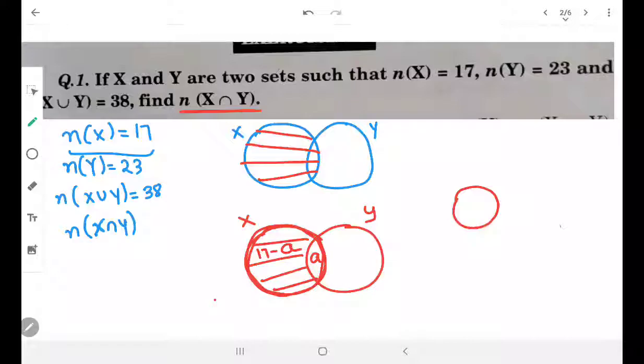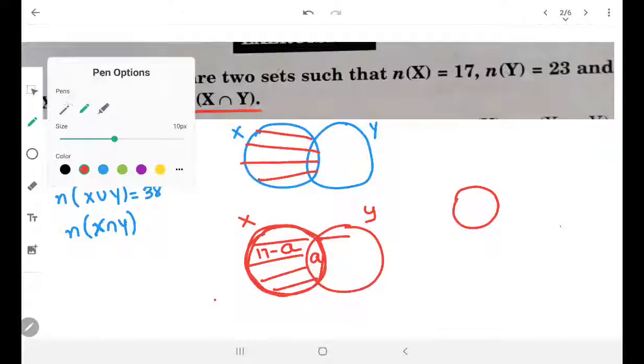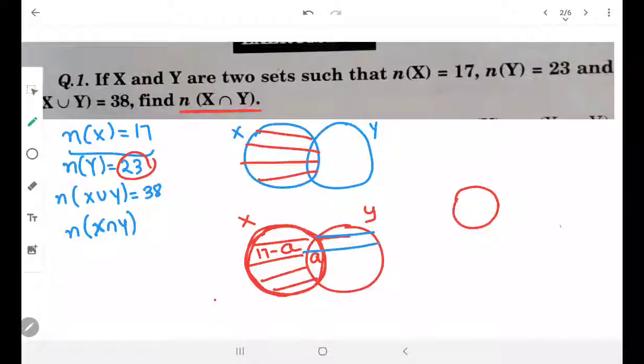And what about y? y has 23. Those 23 are all of these, including the common part also. So a is already here, and how many will be left here? 23 minus a. Now what is x union y?